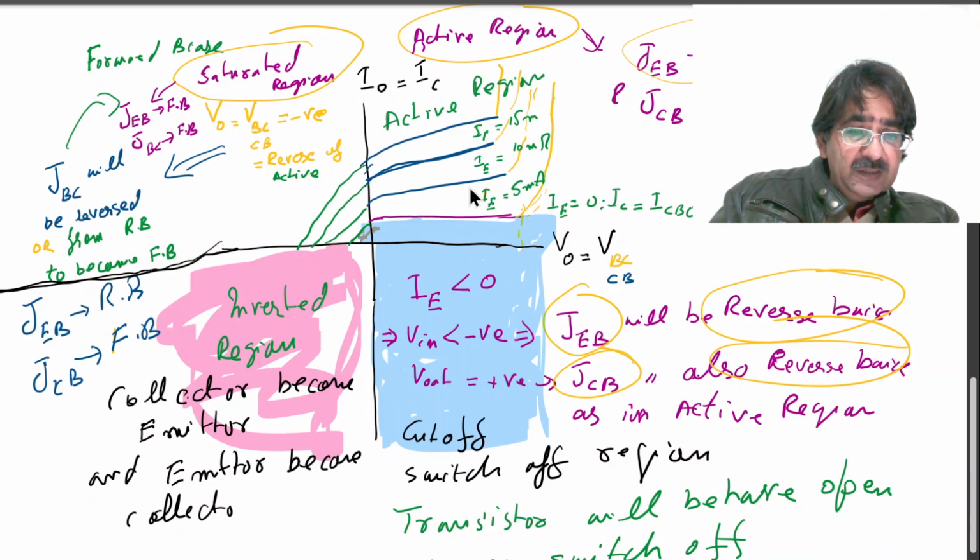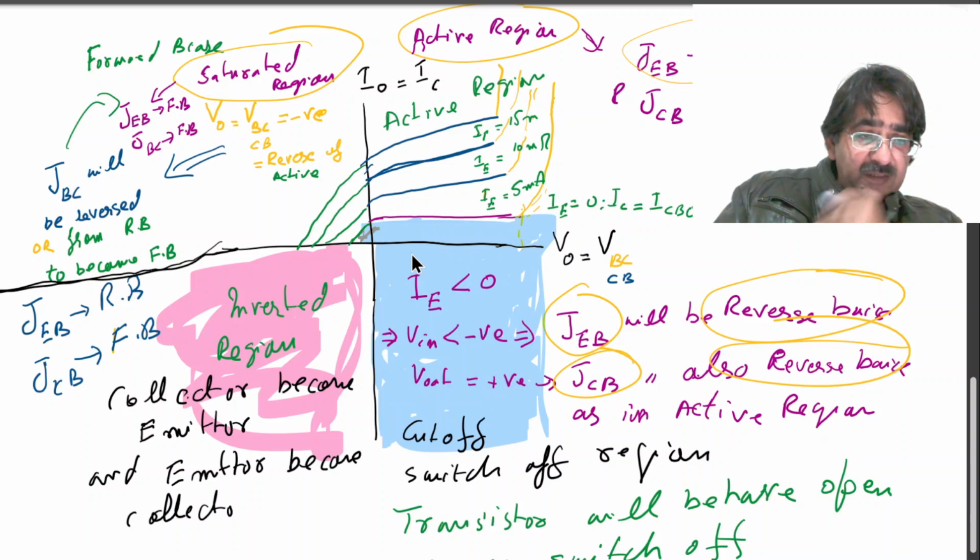EB, which was forward biased in the active region, becomes reverse biased, and CB, which was reverse biased in the active region, becomes forward biased. So reverse becomes forward and forward becomes reverse. That's why this is defined as inverted. In this region, the collector behaves like an emitter, and the emitter behaves like a collector.